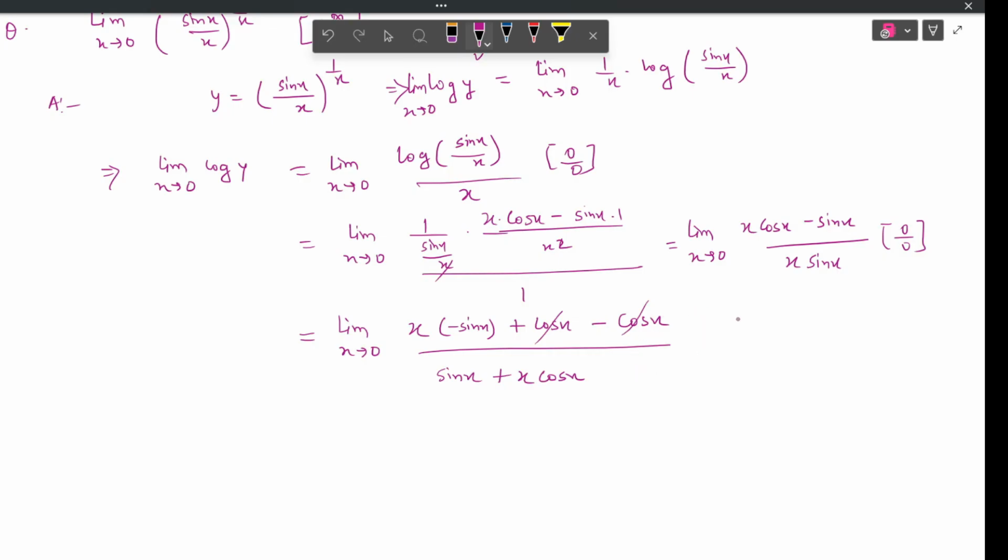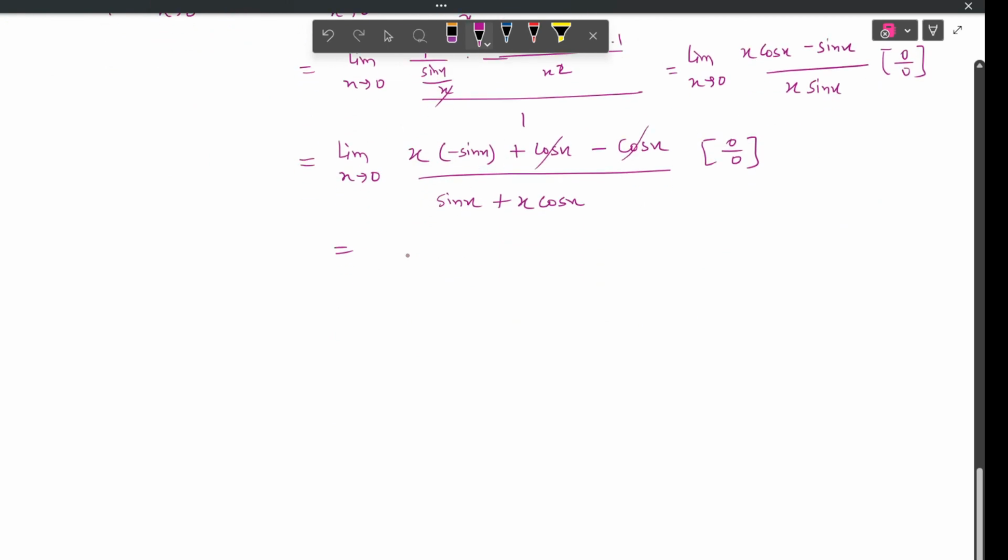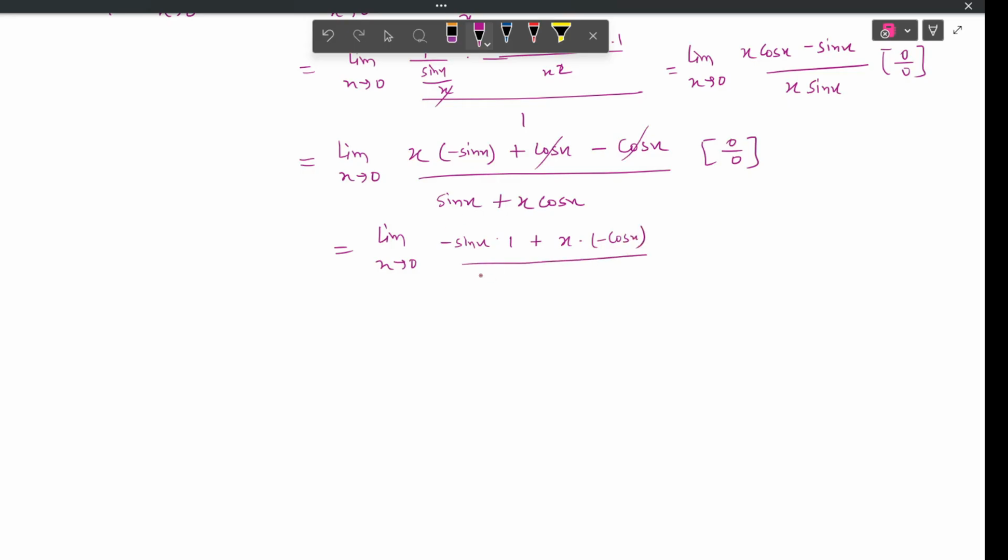So this is again 0 by 0 form. Now apply L'Hospital again, so limit x tends to 0, this you have to apply u into v rule again, so keeping minus sin x, differentiation of x is 1, plus keeping x, differentiation of minus sin x is minus cos x, divided by sin x, differentiation is cos x, you have to apply u v rule here, so keeping x, differentiation of cos x is minus sin x, and keeping cos x, differentiation of x is 1.